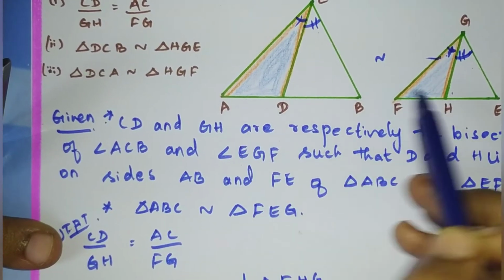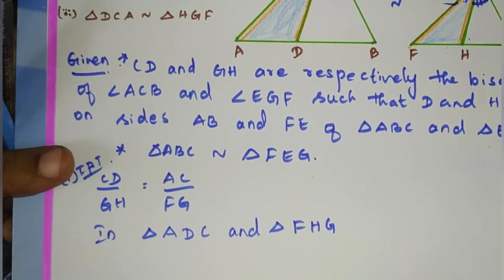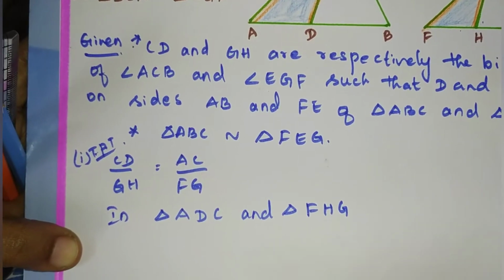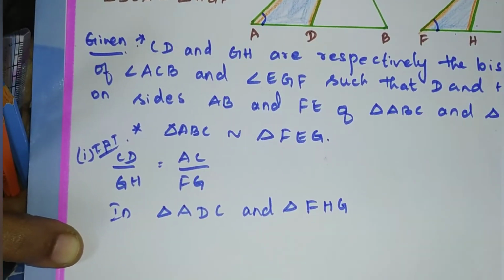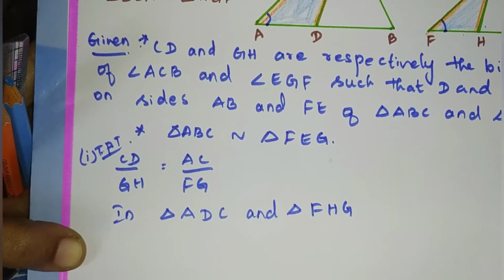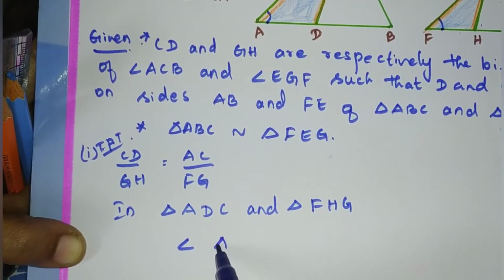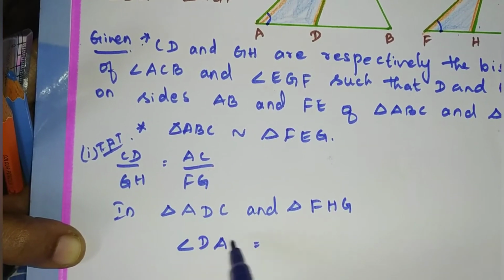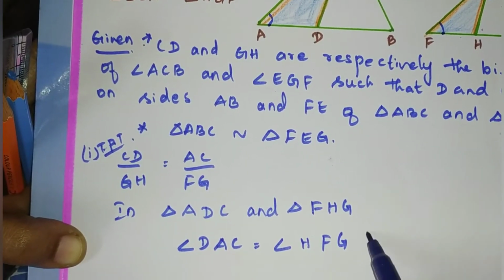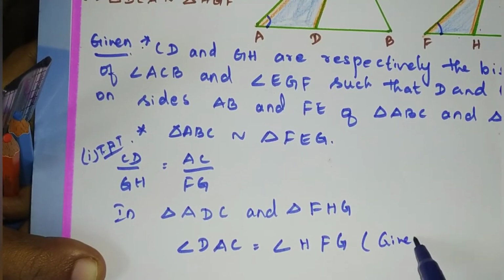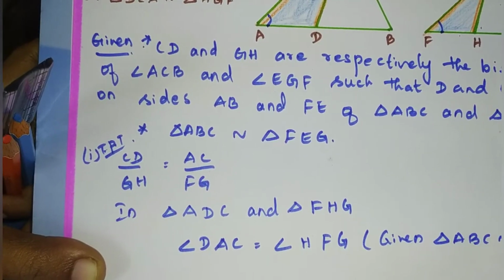A and F are also equal, and B and E are also equal. So in those two triangles, angle A is equal to angle F, because triangle ABC is similar to triangle FEG. Remaining are D and C, and H and G.